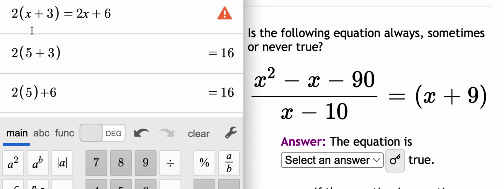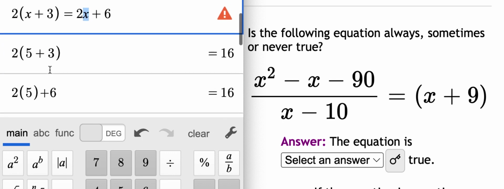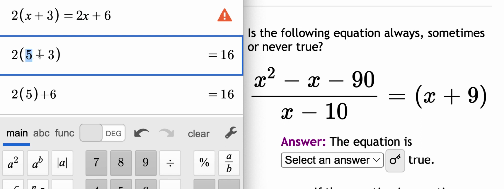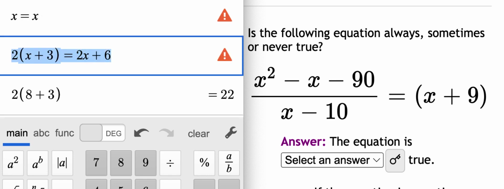For example, if I put a 5 in both of these x positions, then I'd have 5 plus 3 times 2, that gives you 16, and 2 times 5 plus 6 gives you 16 also. I could pick another number, like 8. Let's put 8 in both those spots. I still get 22 and 22. So no matter what I put in for these x's, I'm always going to get a true statement. So that's an infinite solutions example also, and if I saw this equation, I would say always.